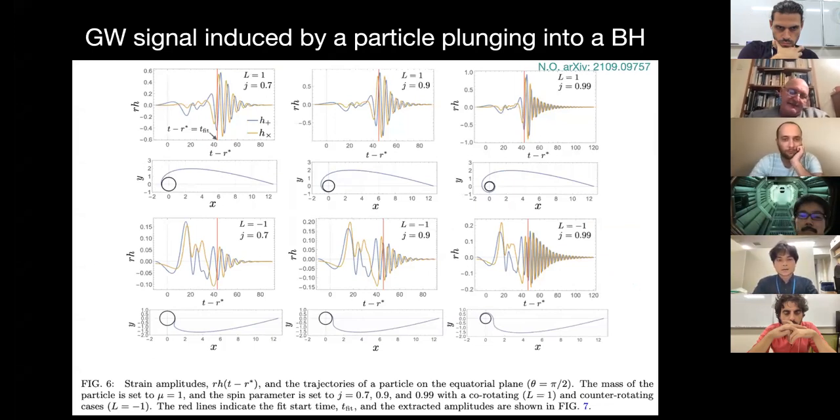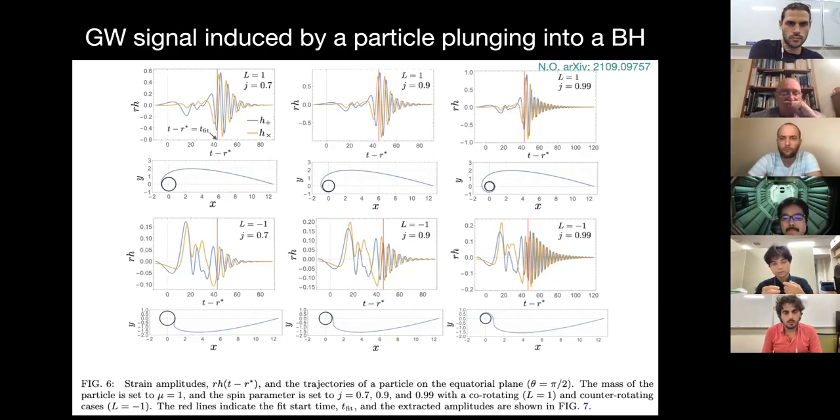Now, although we looked at the very interesting behavior of the quasi-normal modes, to confirm these findings in an independent way, I computed the GW signal induced by a particle passing into a spinning black hole.